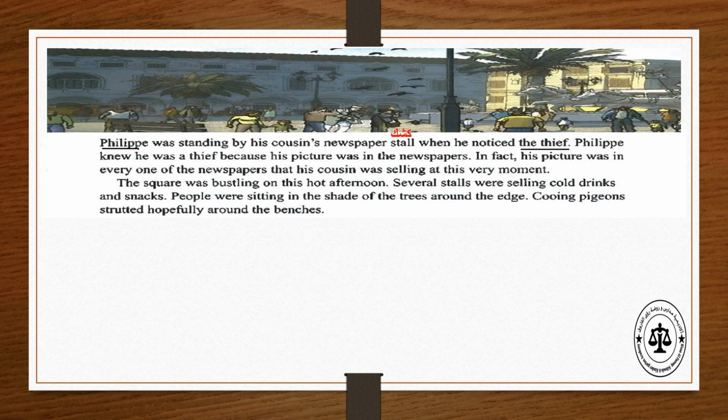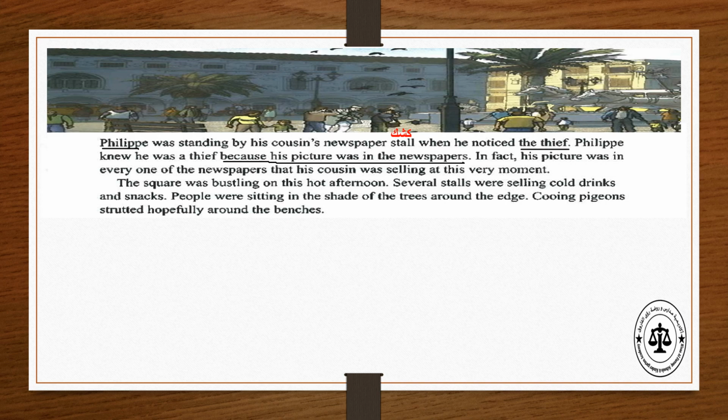But how did Philip know that he was a thief? Yes, because his picture was in the newspapers. So he knew that this person was a thief.